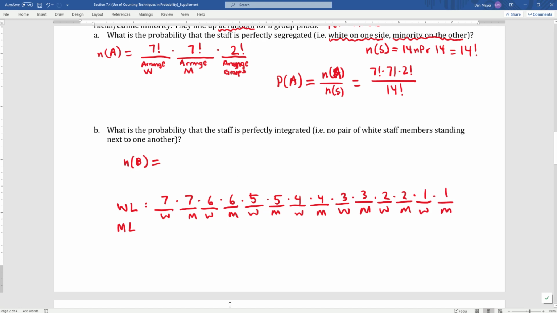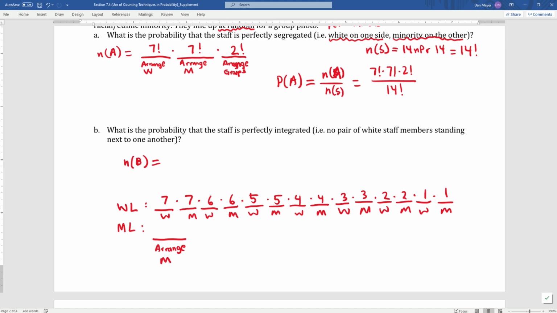Okay, so that's just using the multiplication principle to figure out how many different ways there are to line this staff up so that they're alternating. Let's think about this another way. Let's think about arranging each group first.